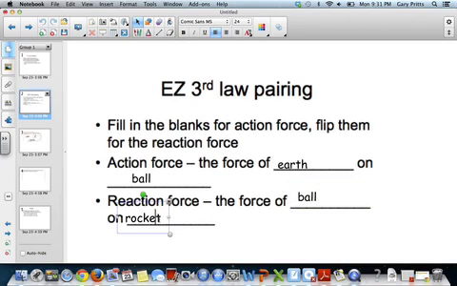All right, gravity works both ways, and that's something we're going to talk about later this week. The Earth pulls the ball down, but the ball also tries to pull the Earth up. Interesting. All right, so that's how you can do third law pairings. These forces are always going to be equal to each other, and they're always going to be in the opposite direction of each other.